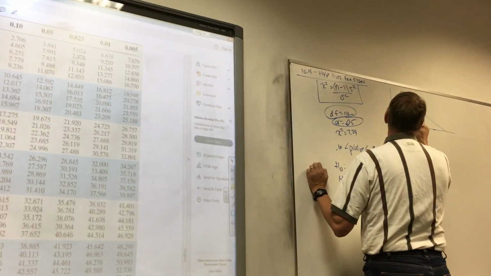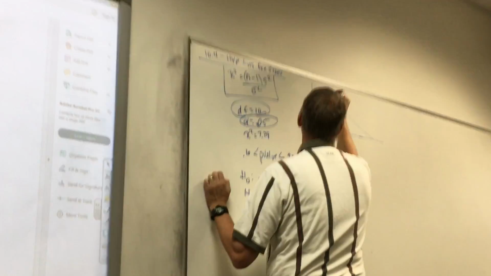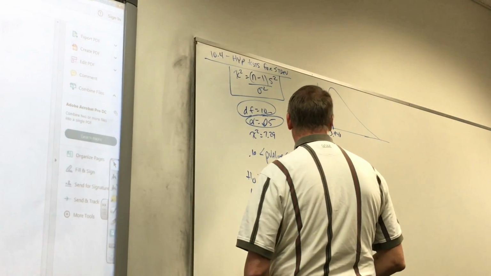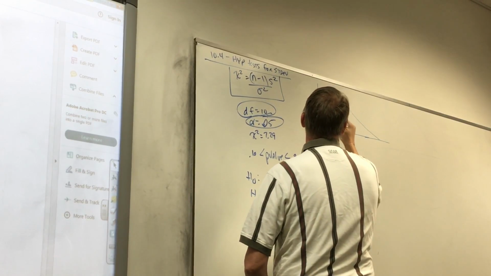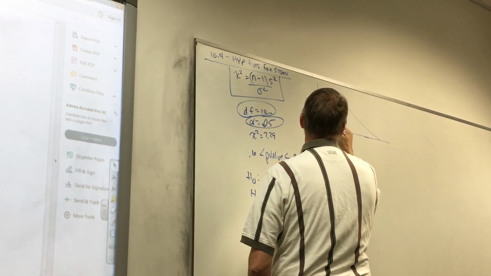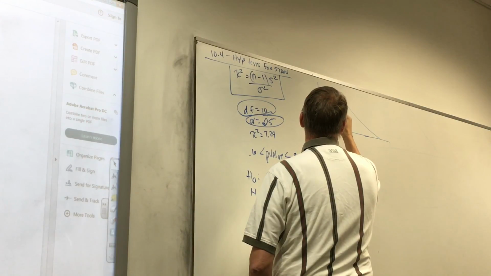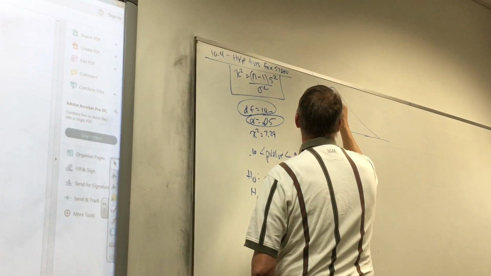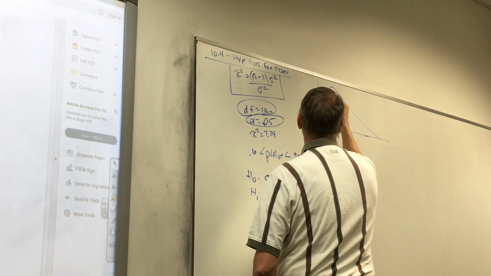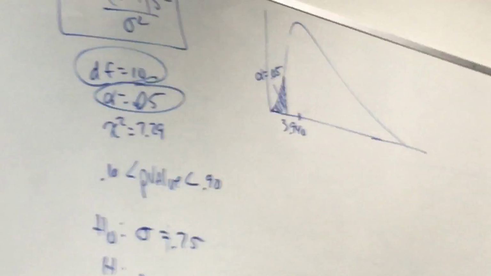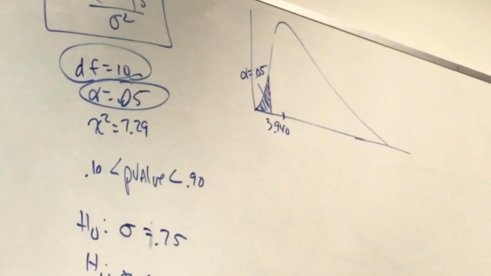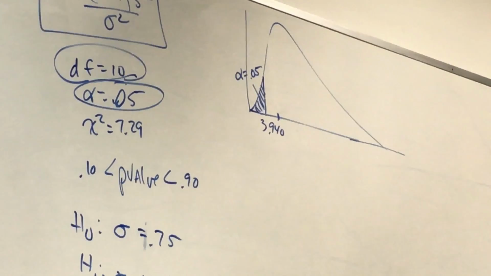So at 3.940, that tells me, I didn't draw that very well. Put it over right there, okay? 3.940, that tells me that area there is my alpha equals 0.05. 5% to the left. 95% to the right. Okay, does that make sense?